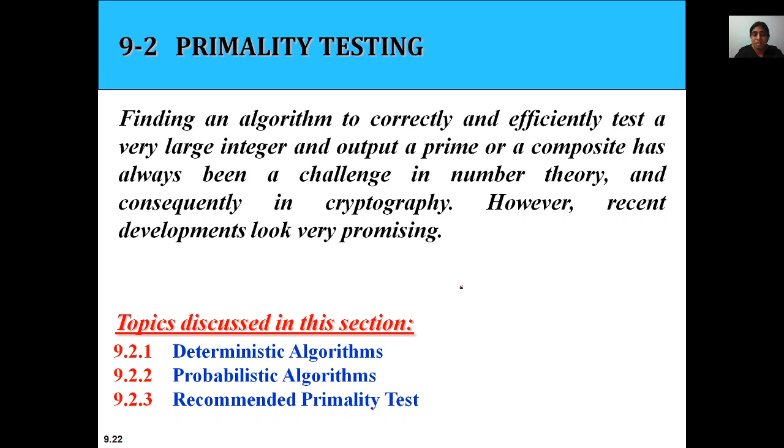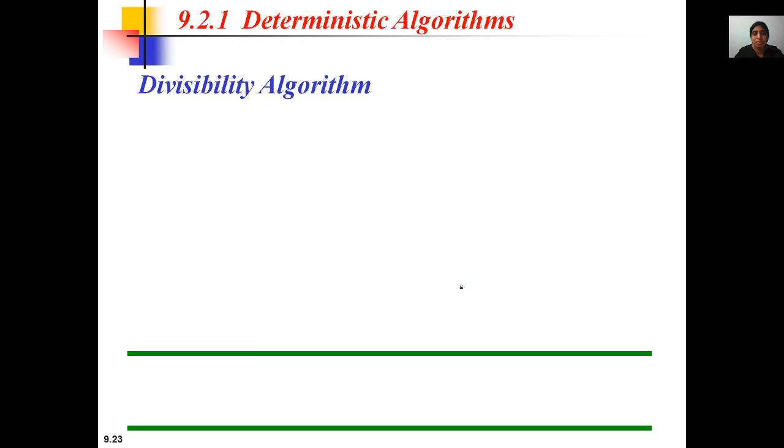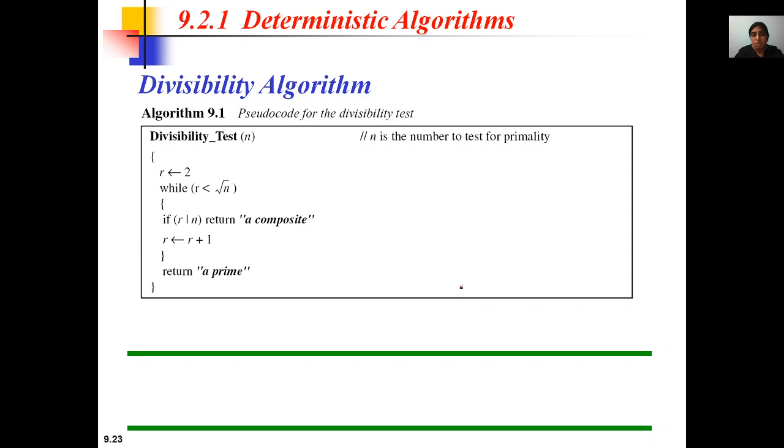In the deterministic algorithm, we have the divisibility algorithm. When you are taking the divisibility test for primality, we assign r the value 2, then r is less than root n. So always you need to check up to the root of n.